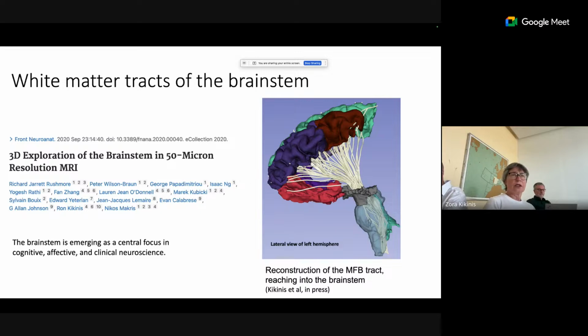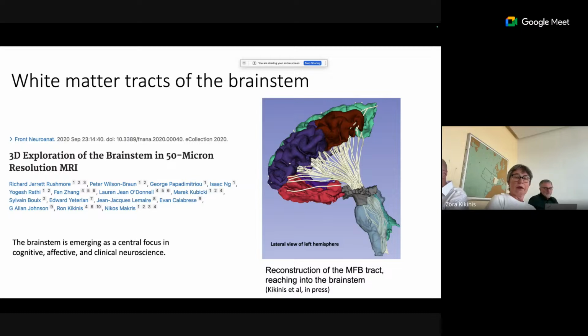So what are we interested in today? These days we are also looking into white matter that goes all the way to the brainstem. This has been made possible by a publication by Nikos Makris.